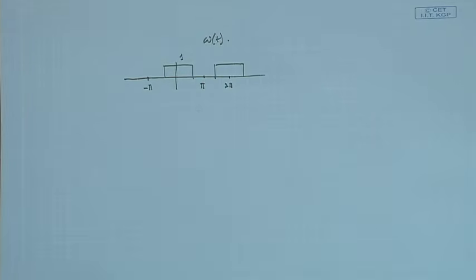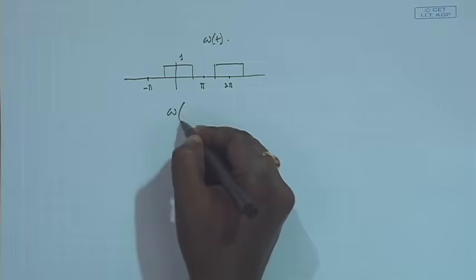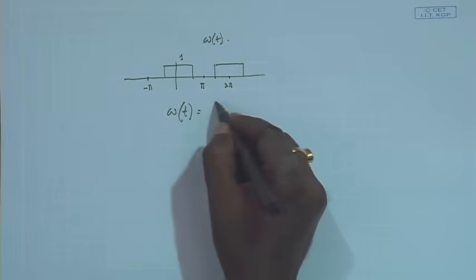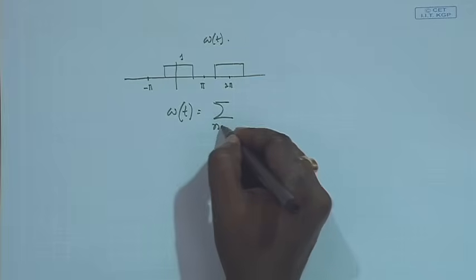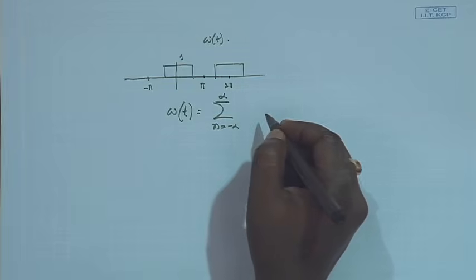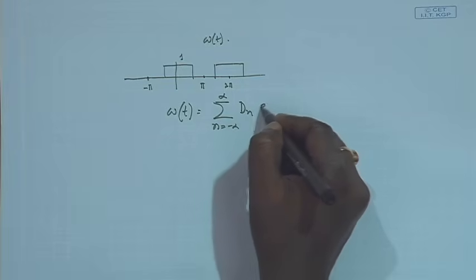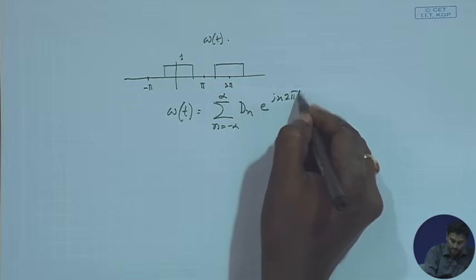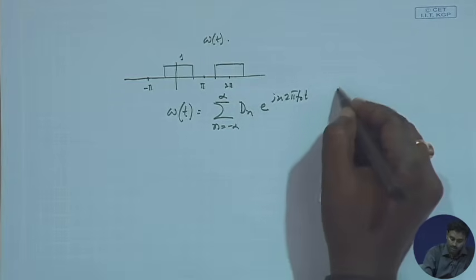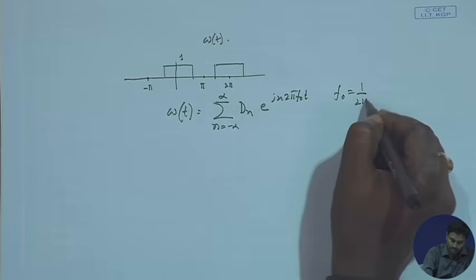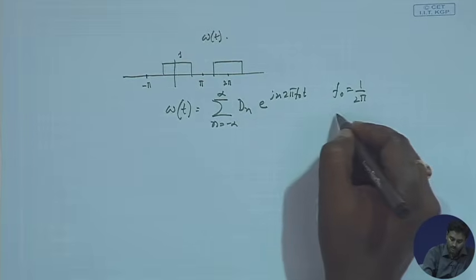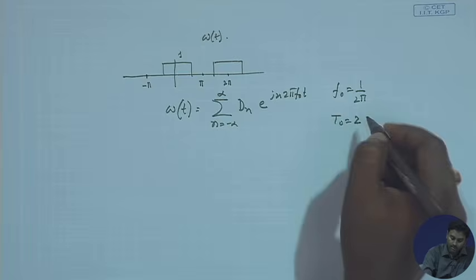So, while representing this w(t), we could represent w(t) as an exponential Fourier series. So, n going from minus infinity, I am just recapitulating the same results. So, it is d_n e to the power j n 2 pi f0 t, where of course f0 is 1 by 2 pi, which means that T0 is 2 pi.